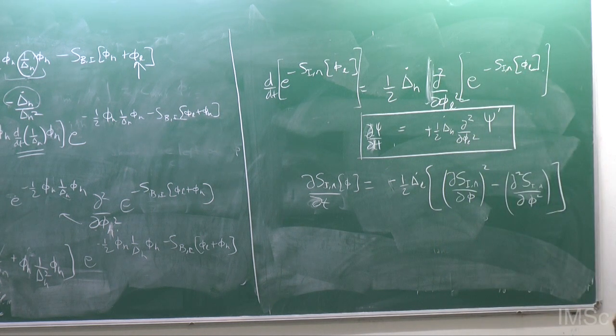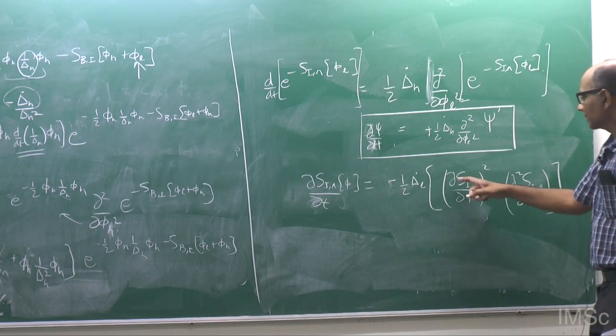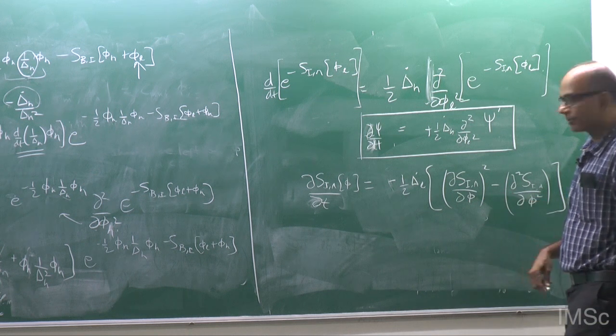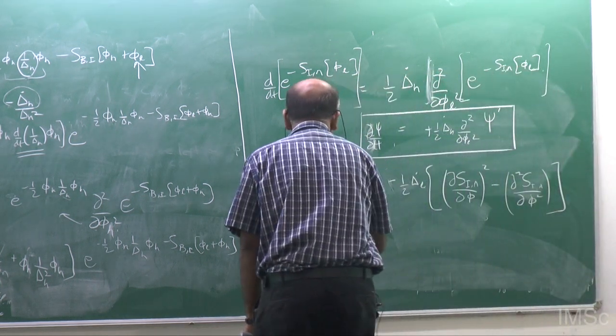So once again, I keep saying that these are supposed to be functional derivatives, and there's an overall integral over p. So if you want, I'll just write it out to be very precise.